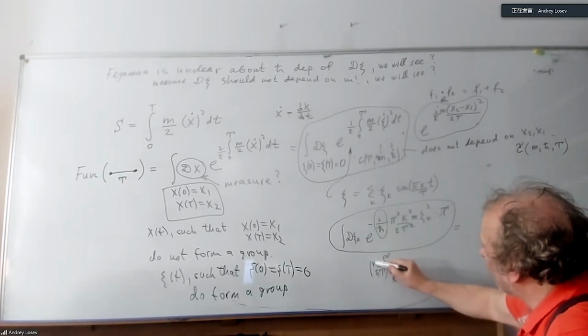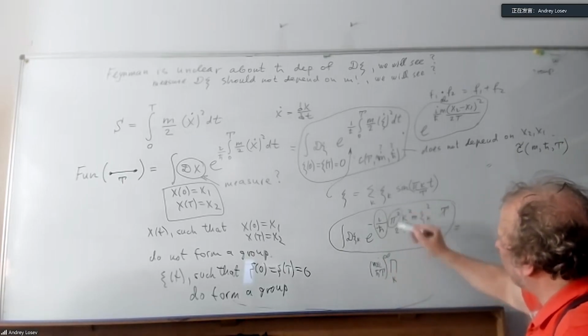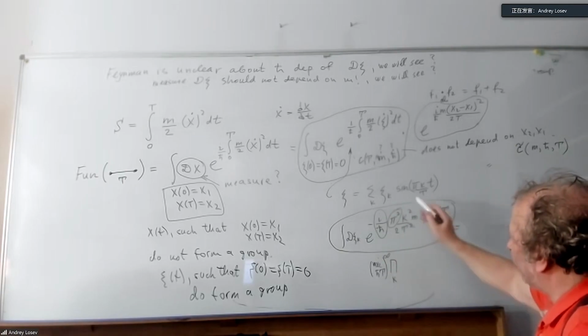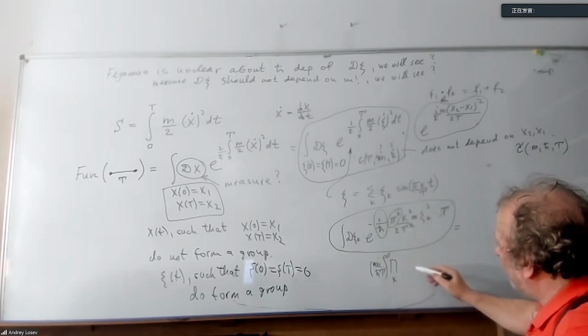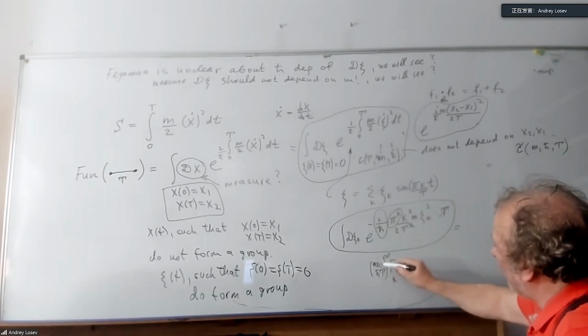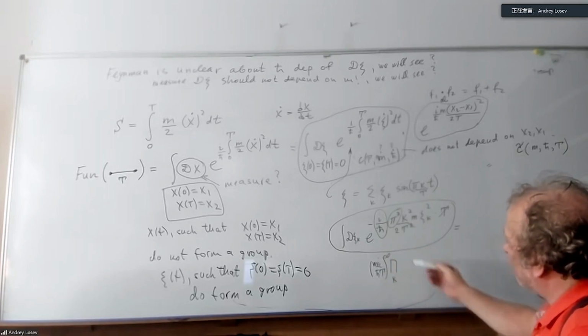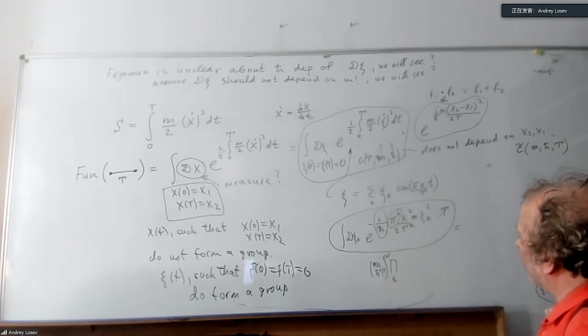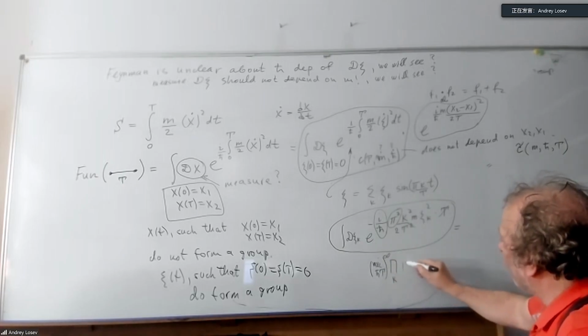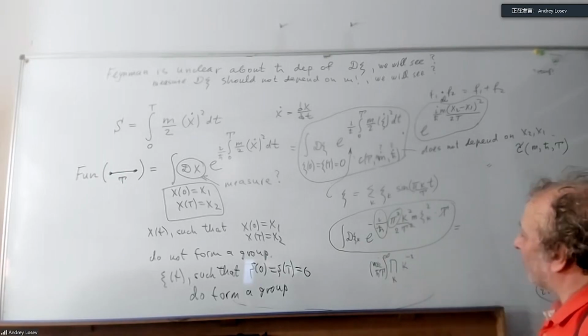Together with m. Okay, I will not take care about this pi's. Let me forget about this pi. But I actually have this m over h to the power of infinity, and here I have this k to the power minus 1.